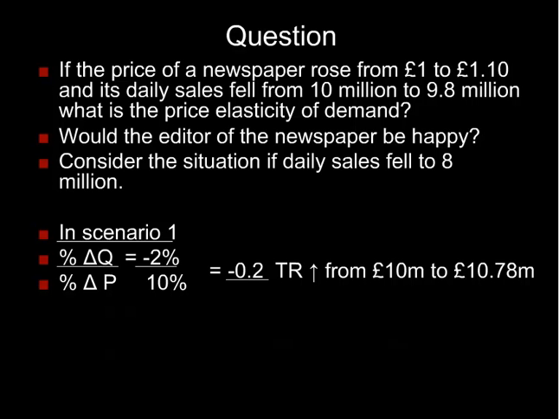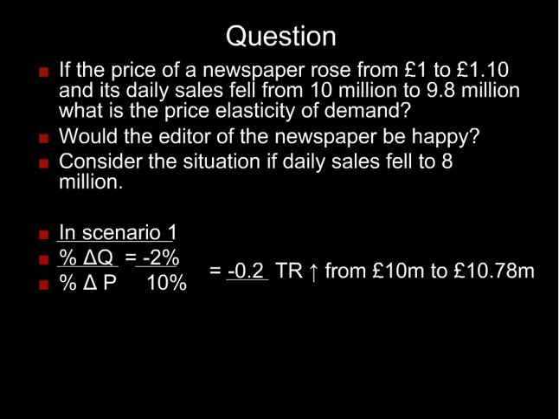Well, in scenario 1, where the price rises from £1 to £1.10 and sales fall from 10 million to 9.8 million, the percentage change in price is 10%, because the price has gone up from £1 to £1.10, and the daily sales, which we can interpret as quantity demanded, have fallen from 10 million to 9.8 million.